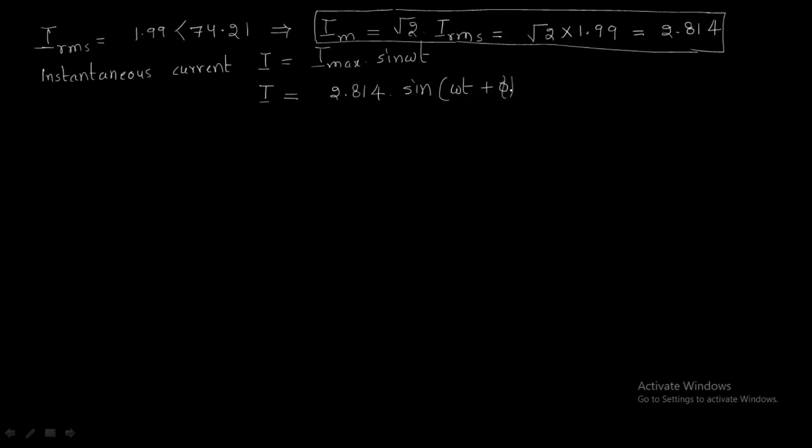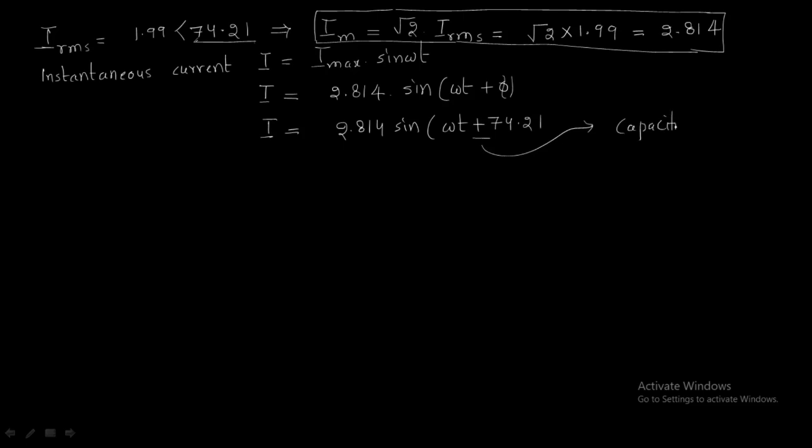What is the phi value here? This is the phi. Substituting, the instantaneous current I equals 2.814 sin(omega t plus 74.21).